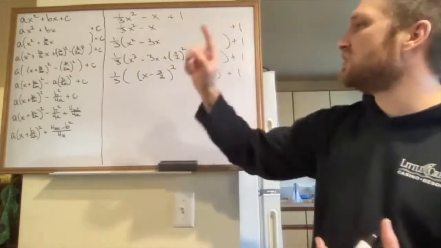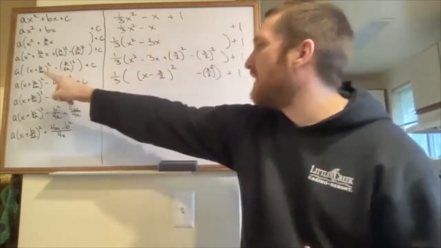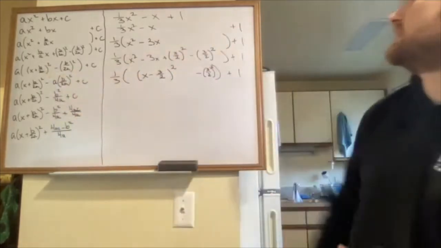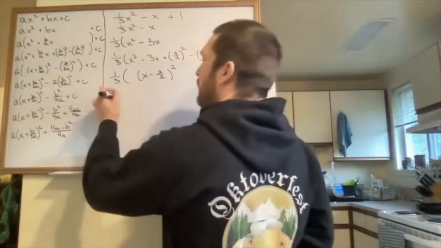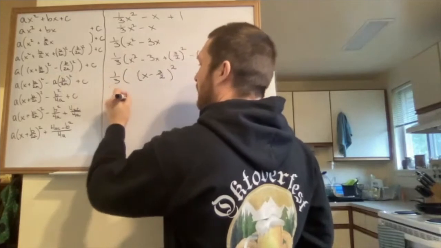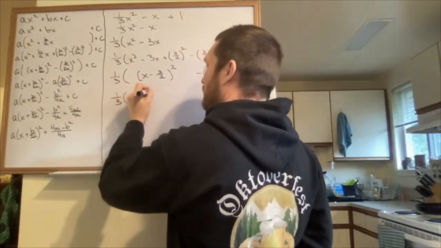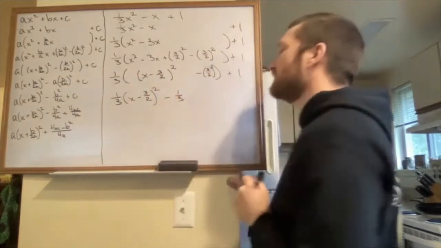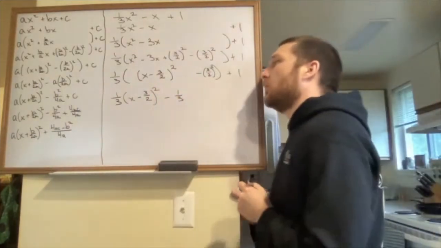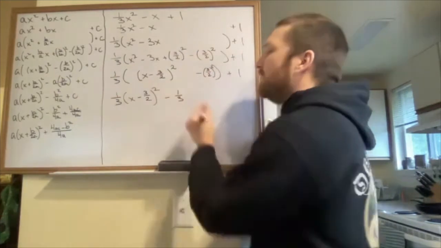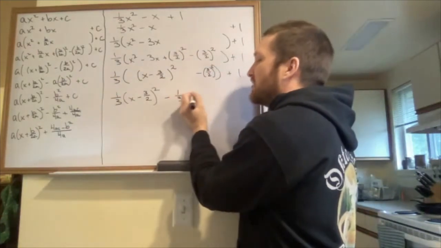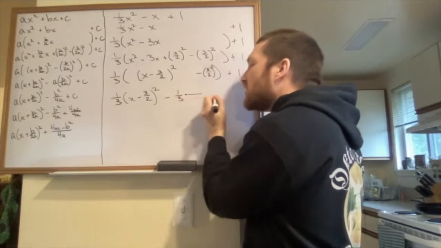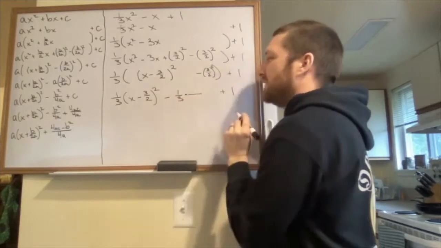Next step, we're going to distribute that number back into this thing. And so we have 1/3 times x minus 3/2 quantity squared minus 1/3 times, oh boy, how do we want to do this? I guess I'm going to write it like this. I'm going to go ahead and square it out just to save ourselves a little bit of time here.